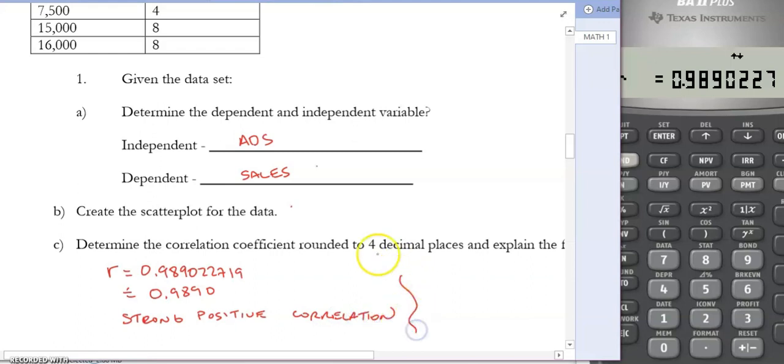And what does that mean? Once again, as ads increase, sales increase. Right? That's what that tells us.